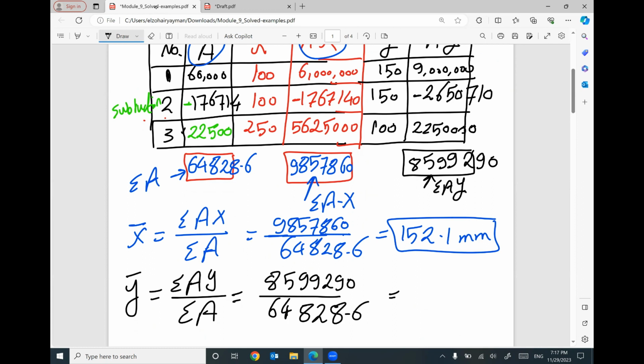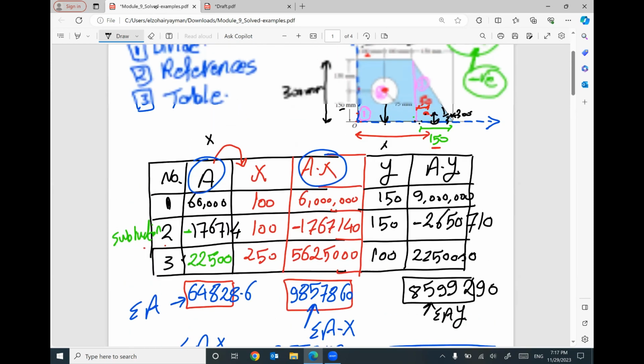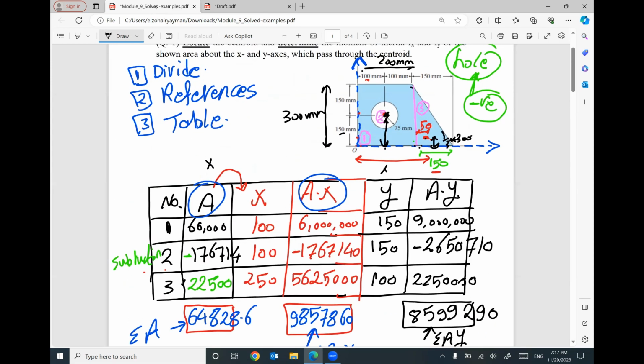So the Y bar will be 132.6. So this is the centroid.